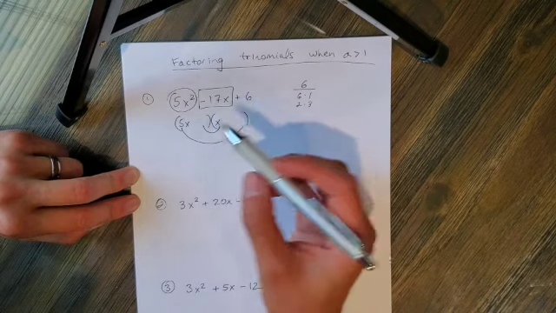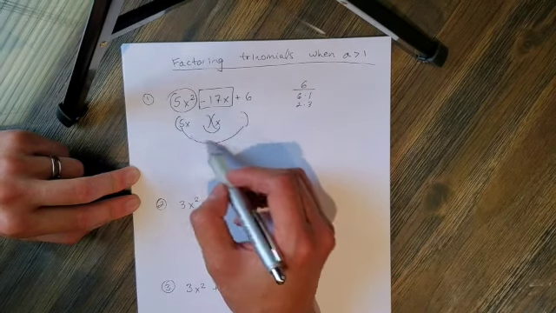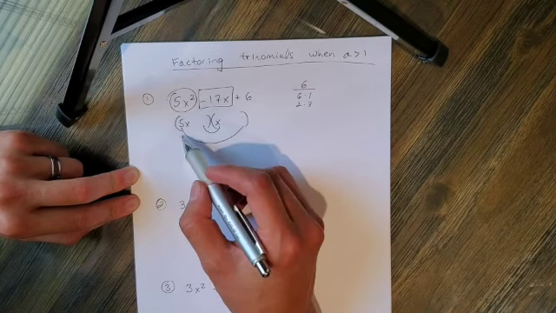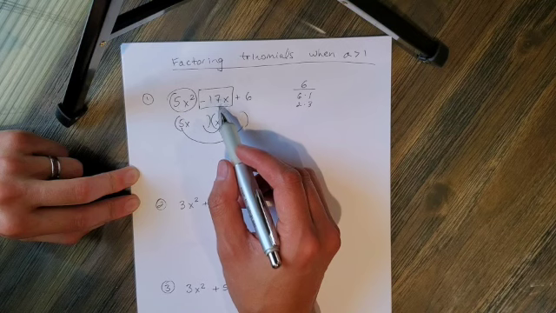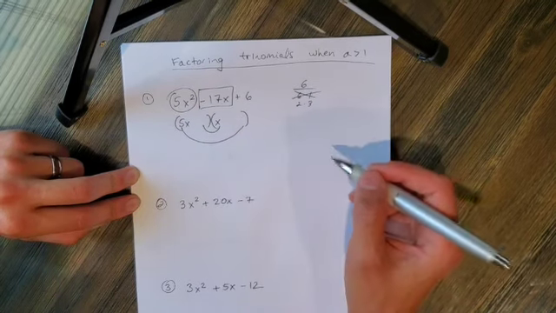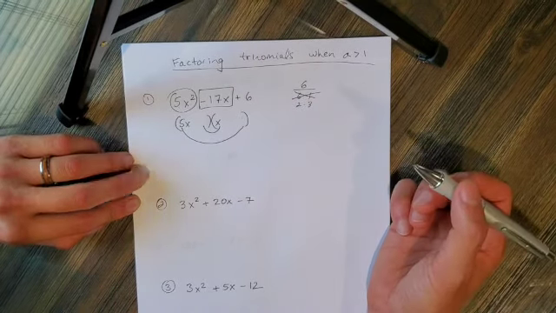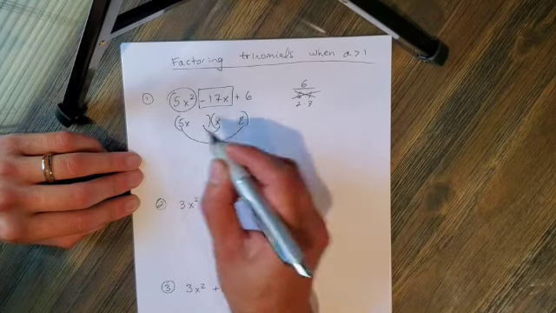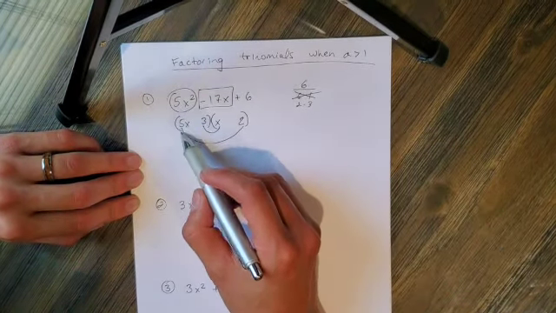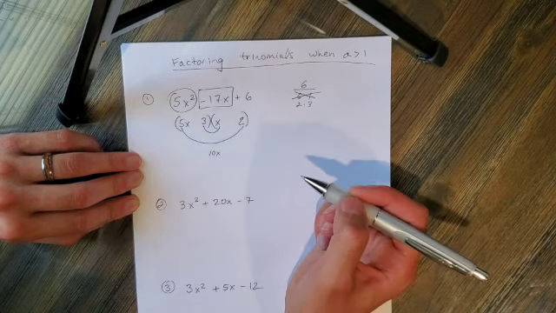Well, what if I put the 6 here and then the 1 here? Well, then I'll have 5 times 1 is 5, and then 6 times x is 6x. 5 plus 6 is 11, and then 6 minus 5 is 1. So those two numbers are not going to work. It's got to be 2 and 3. So let's go ahead and try this. Let me just randomly put the 2 and the 3 there. 5 times 2 is 10, so that'll give me 10x.